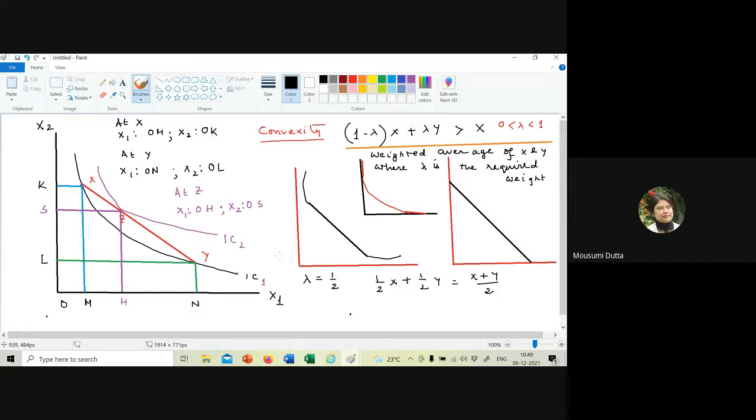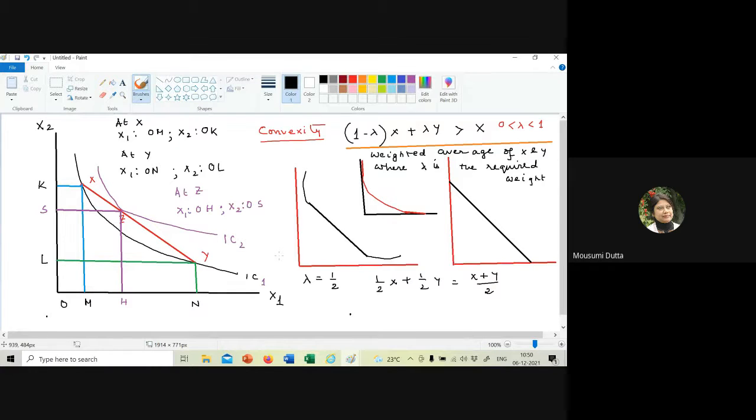Okay, now lambda can be 1/3, 1/4, 1/5, 1/9. Any value lying between 0 and 1, and accordingly the position of the point Z will change. So Z indicates any point, not the middlemost point. We write the average in this format: 1 minus lambda x plus lambda y.